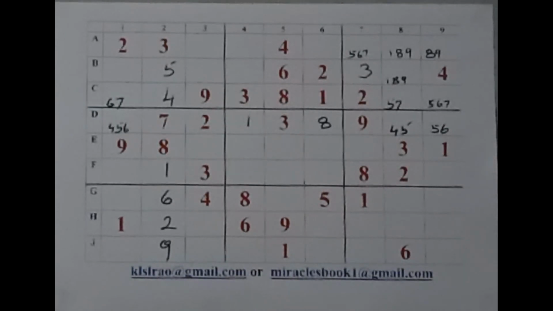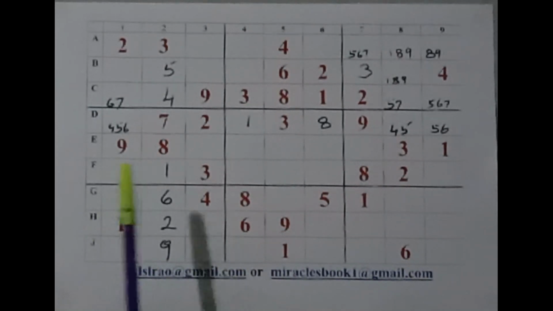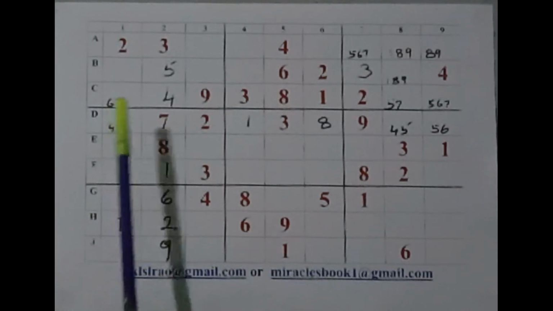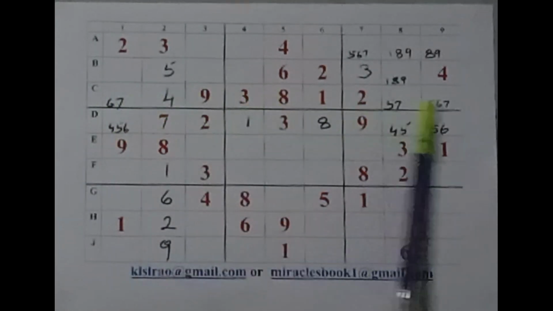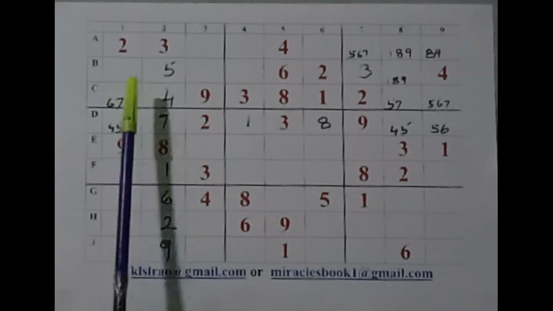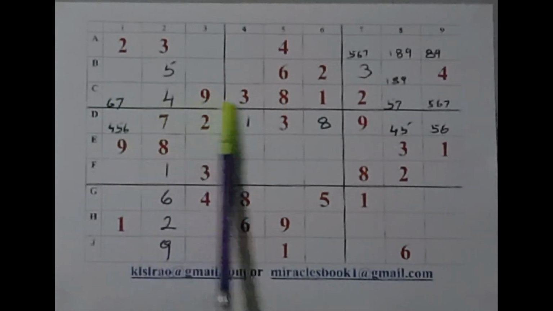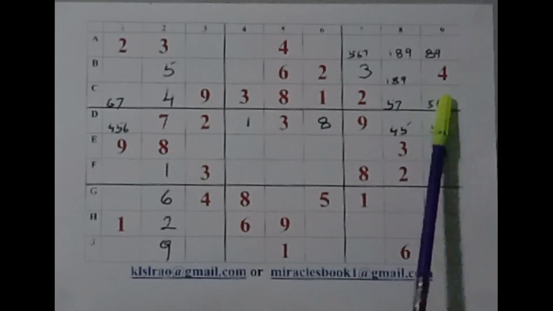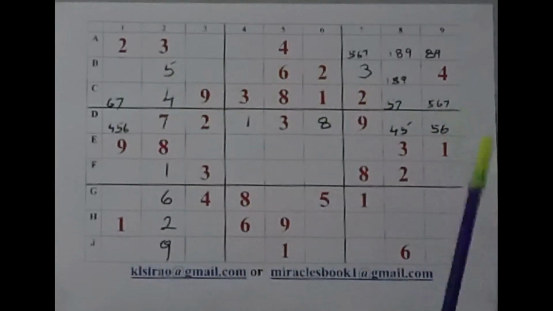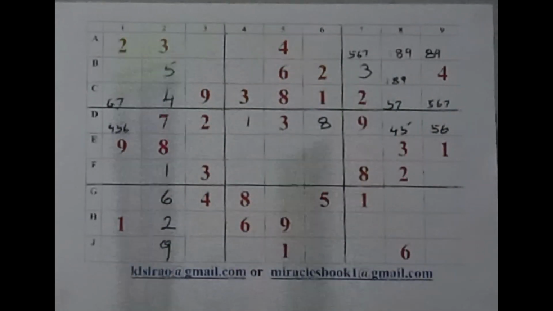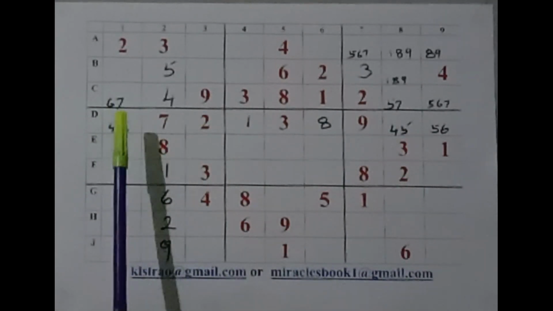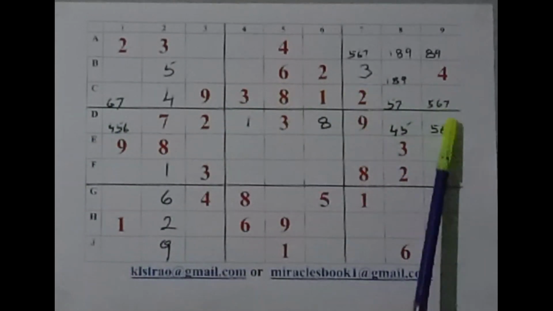Now have a good look and listen carefully. Look at this row C. We have a 6 here in C1 and a 6 here in C9. The 6 does not appear anywhere else in this row because it is occupied by other numbers. Look at row D also. Here we have got a 6 here and a 6 here.